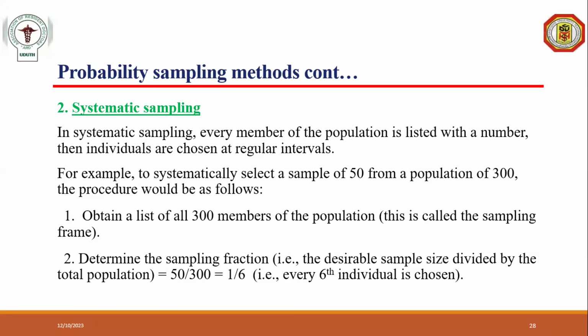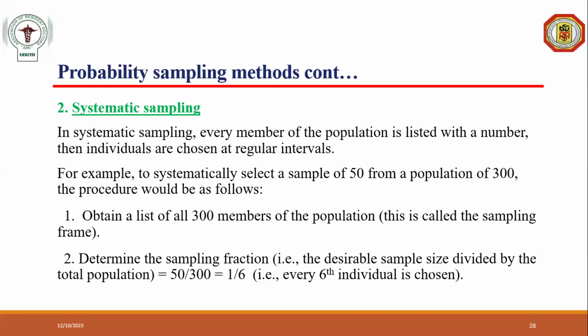So then the next person to be selected is the 5th person from the 3. So if number 3 is selected first, the next person will be what? Number 8 from our sampling frame. So if number 8 is selected now, then the next one will be what?